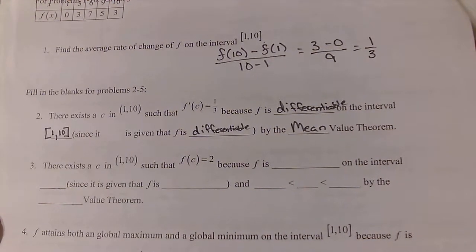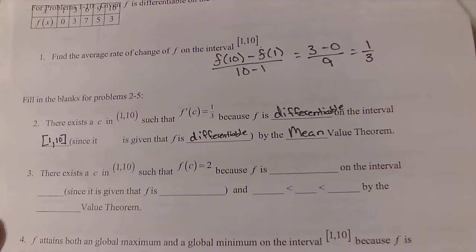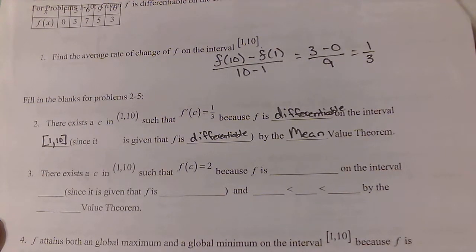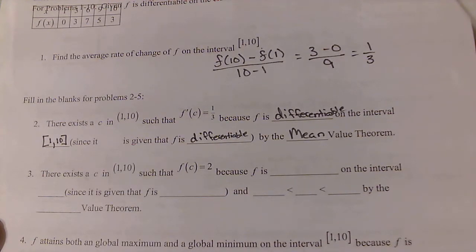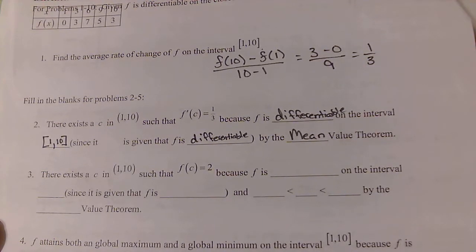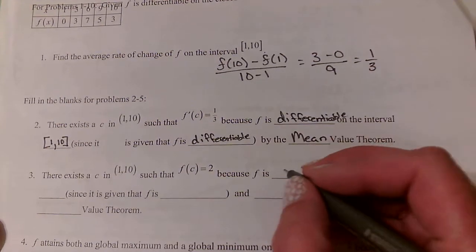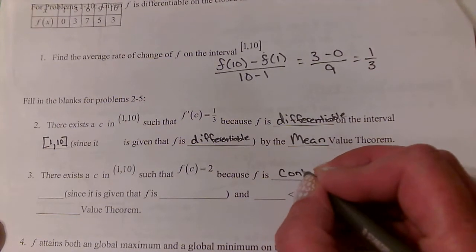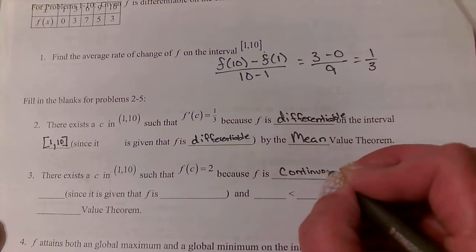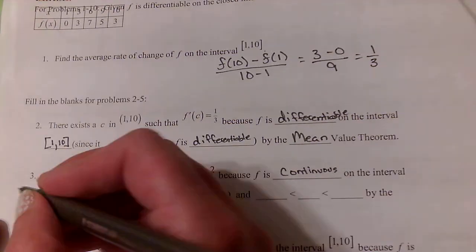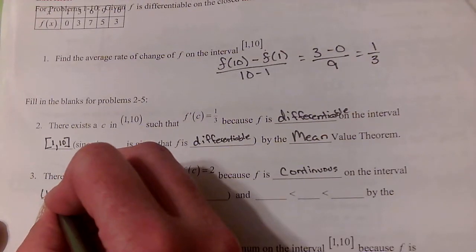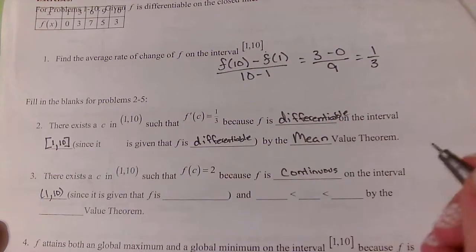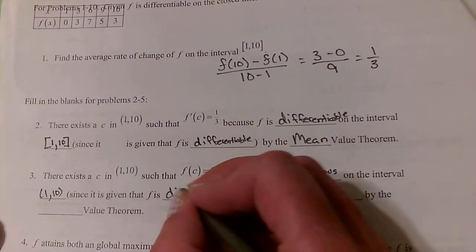There exists a c value in 1 to 10 where f of c is 2. Doesn't show it in the table, but how could we prove it? Well, because f is continuous on the interval 1 to 10, and we know it's continuous because it's differentiable.